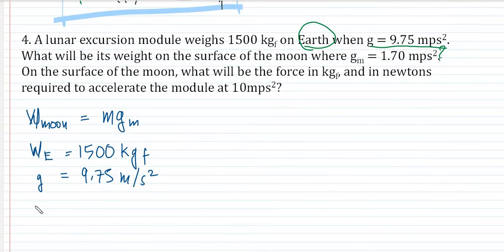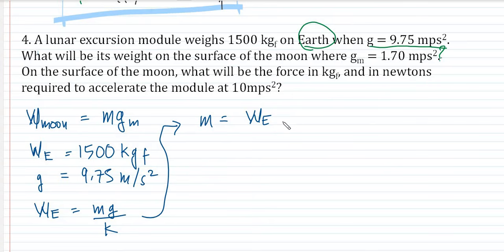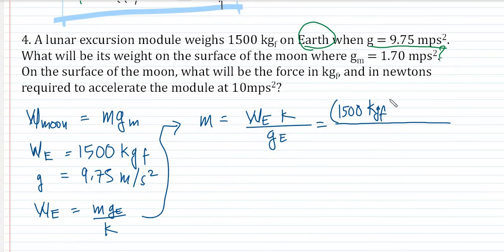Okay, so if we have weight on the Earth equal to mg over K, the mass is equal to the weight on the Earth times K over g here on Earth. So the weight on Earth is equal to 1,500 kilogram force times K. So before we determine K, what is our g?